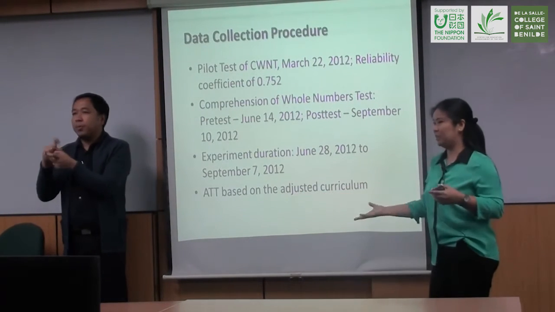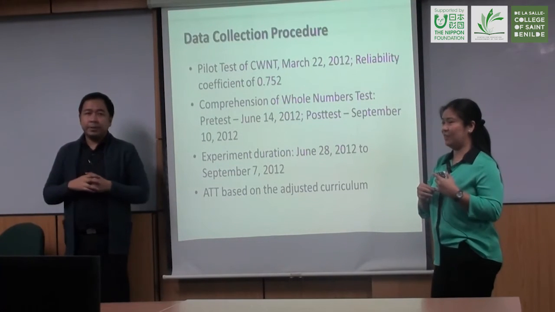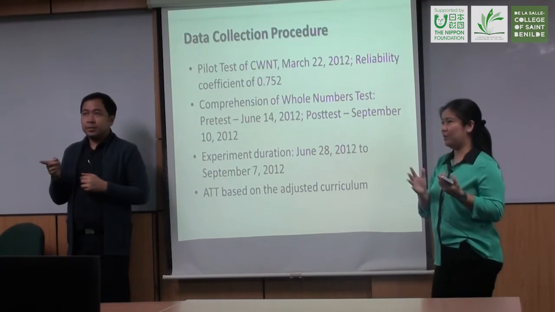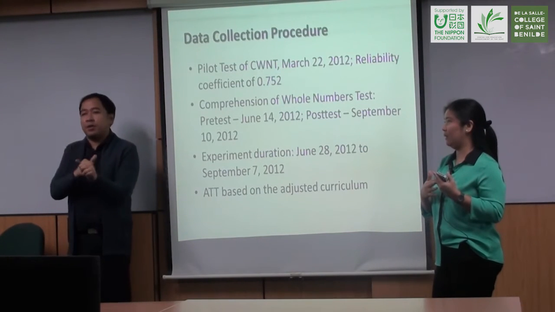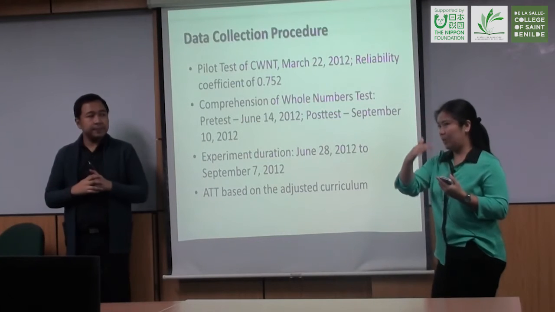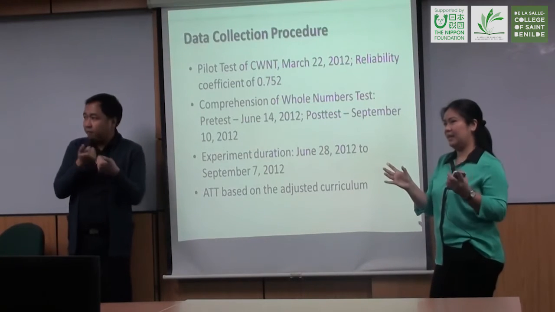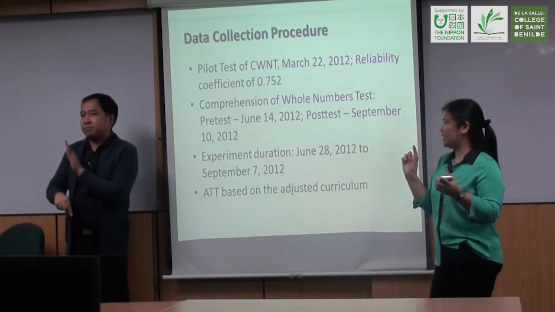You might ask what is the adjusted curriculum. Like I mentioned recently, there's no curriculum for the deaf. They just follow the curriculum for the regular grade 1. So though they didn't follow all the topics, it's the level of difficulty that they adjusted.